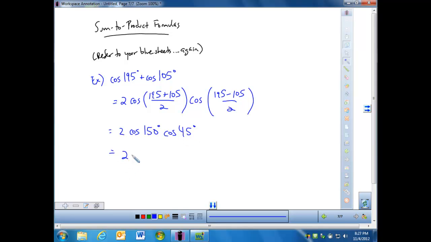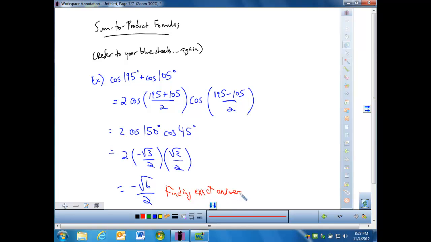Now go ahead and plug in your exact values for each of these, and that math is much easier now. And when you're all done, you're going to get negative radical 6 over 2. So not a bad exact answer, pretty clean, pretty easy, given how difficult that problem kind of started.